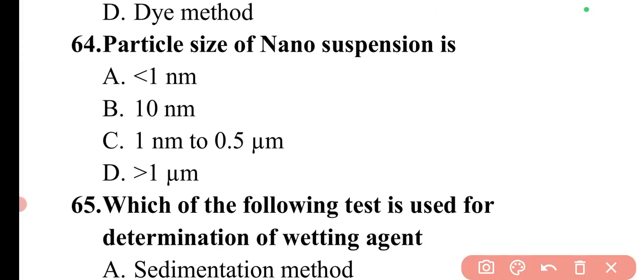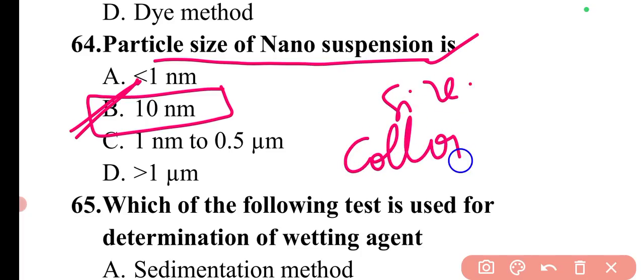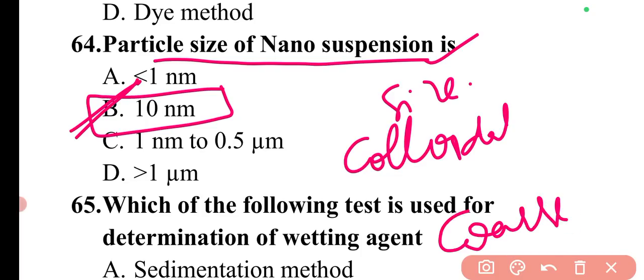Next we can move to another question: the particle size of nano suspension is. The particle size of nano suspension is 10 nanometer, so option B will be the correct answer. There are mainly three types of suspension based on the size of solid particles: colloidal suspension, coarse suspension, and nano suspension.